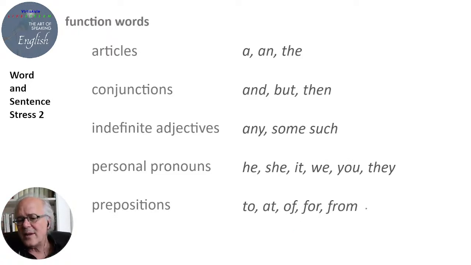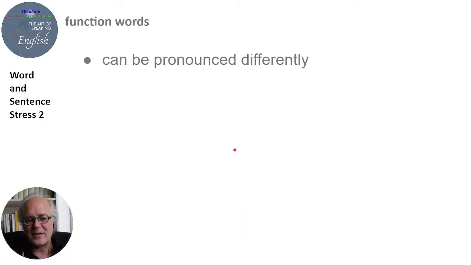These are words that are usually difficult to recognize. These are the words that are sometimes pronounced in a weaker way. Let's see how they're pronounced differently. What does that mean, differently?